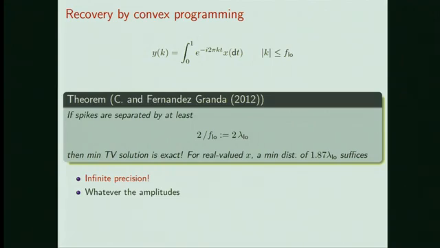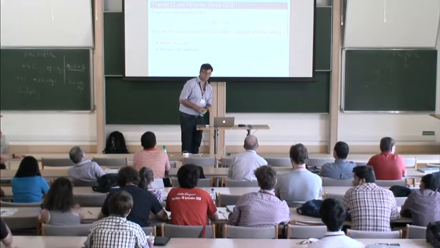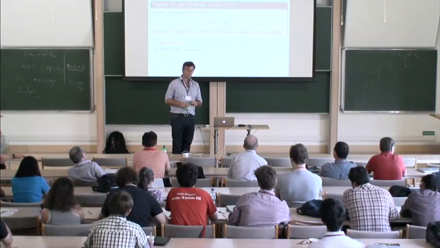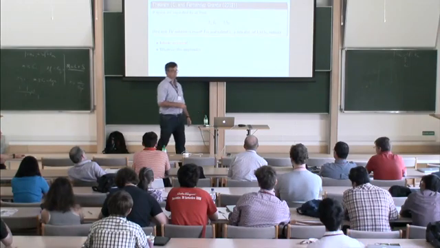Yes. If you use algebraic techniques, you can recover n over 2 no matter where they are. But there's a catch. And what is the catch? You better trust the 32 digits of your measurement. Okay.